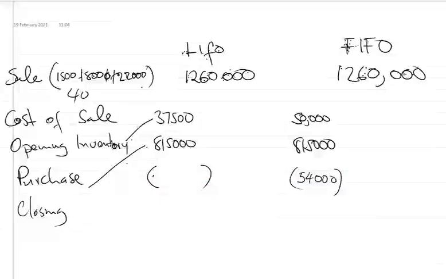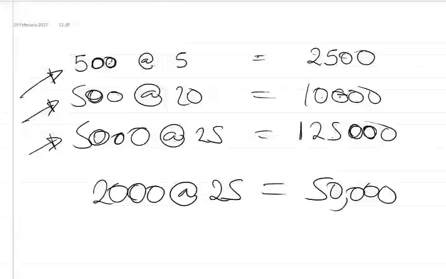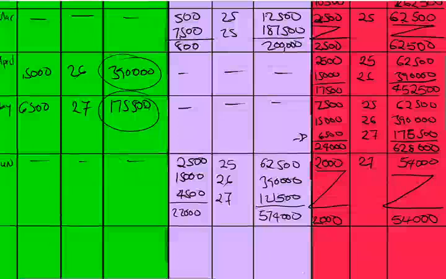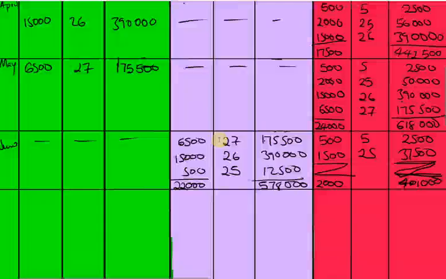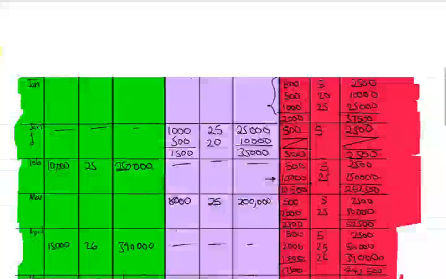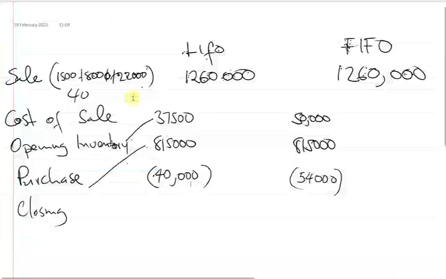While using LIFO, we found that it is 40,000. Right? We can just go cross check. Using LIFO, we found that it is 40,000 here. So that's exactly it. So we can find the cost of sales.